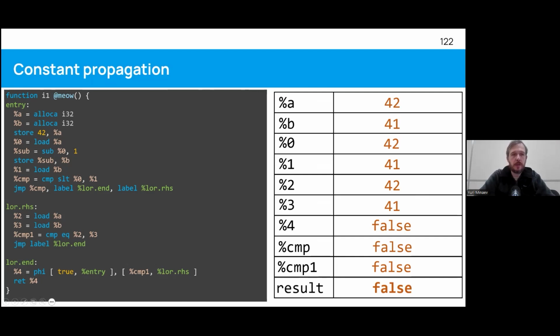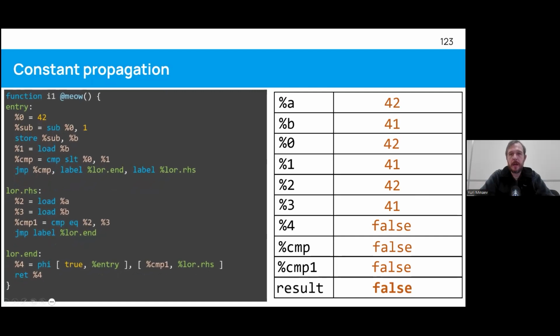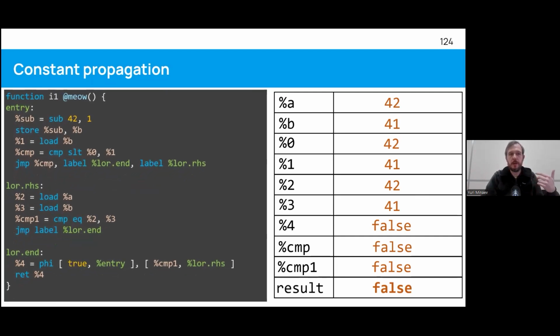Well, I'll get rid of those allocations and store. I will start with the load into 0. And by calculating the previous instructions, we know that the load from the A variable will always be 42. So our 0 is 42. Then we can put this value into the subtraction, and we can remove the 0.